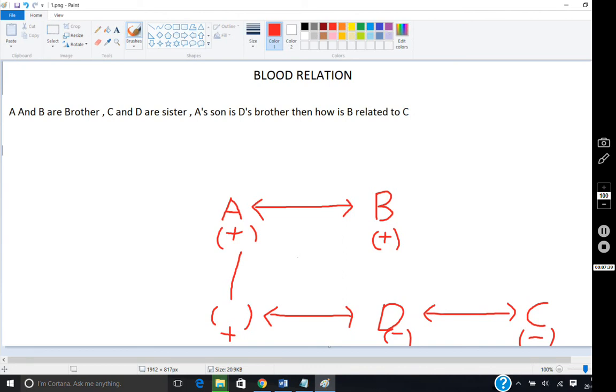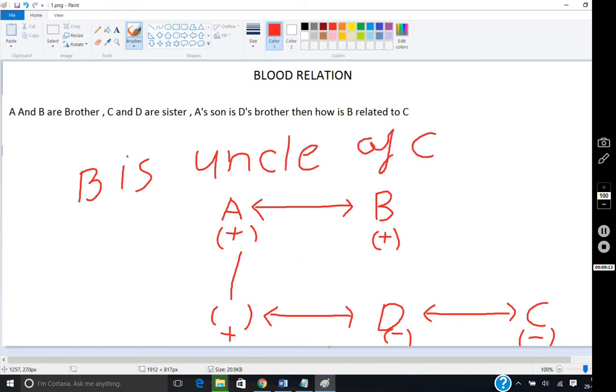B is here and C is here. C and D are brother and sister of A's son. It means D is daughter of A and B is brother of A, and C is also daughter of A. So how is B related to C? B is uncle of C. I have already told you father's brother will be your uncle.